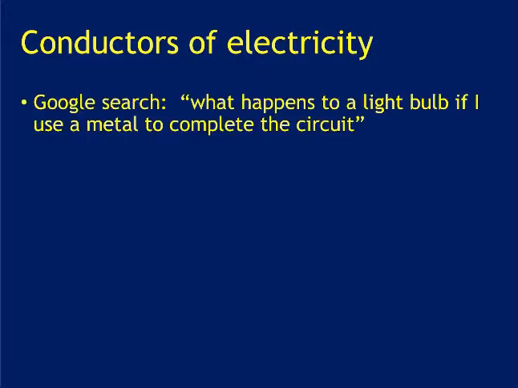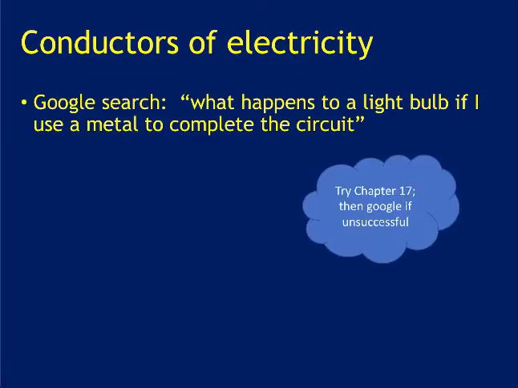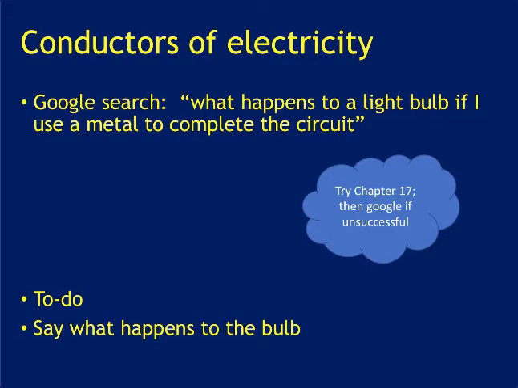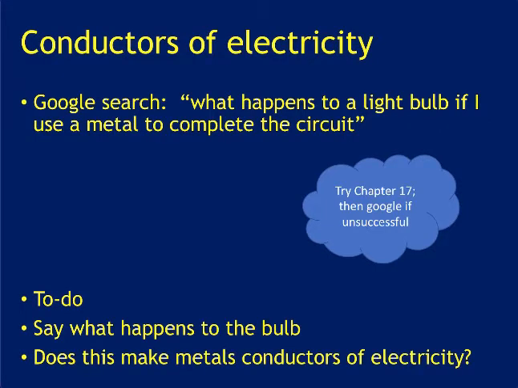So for us, the search that I want you to look at, or firstly have a look at chapter 17, and it is in chapter 17, but it's what happens to a light bulb if I use a metal to complete the circuit. And once you do that, you're going to tell me what happens to the bulb and decide, does this make metals conductors of electricity? So yes, they are conductors, no they are not.